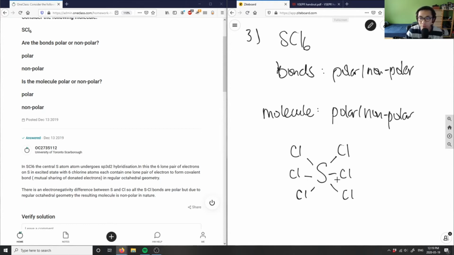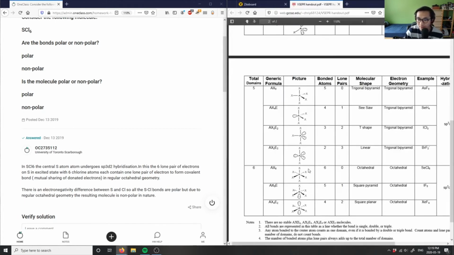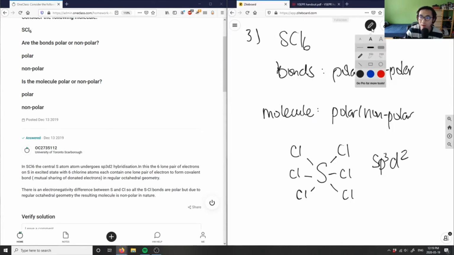it's a nonpolar molecule in the sense that this sulfur is saturated. I know sulfur here can make 6 bonds because it's going to hybridize into this sp3d2 hybridization. So in this case, AX6 makes an octahedral geometry here, and there are no lone pairs.